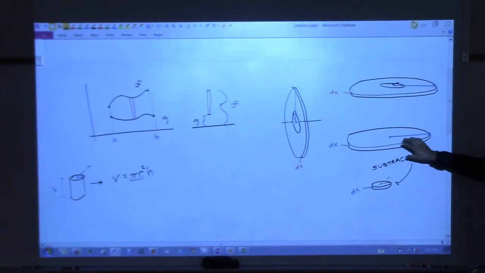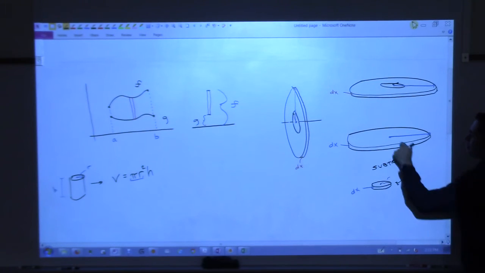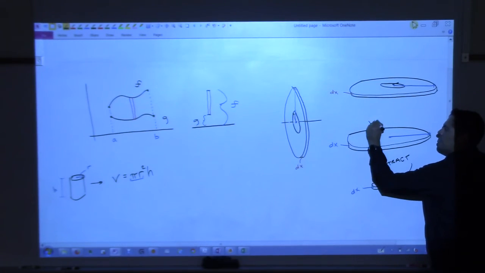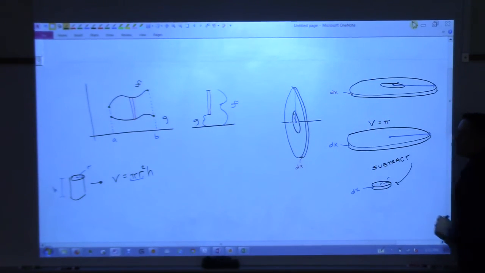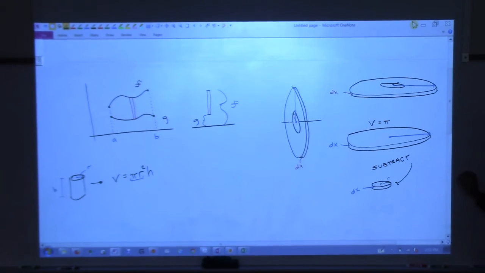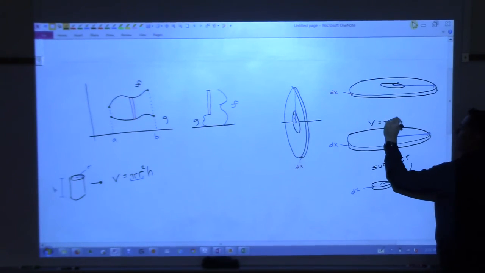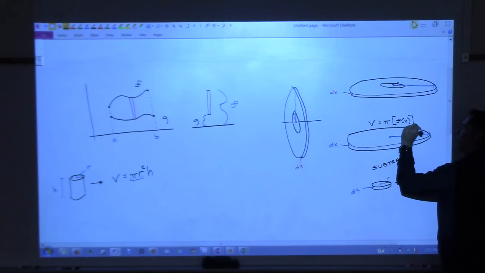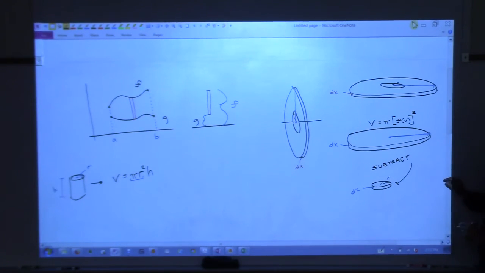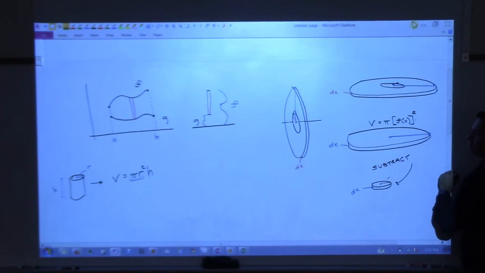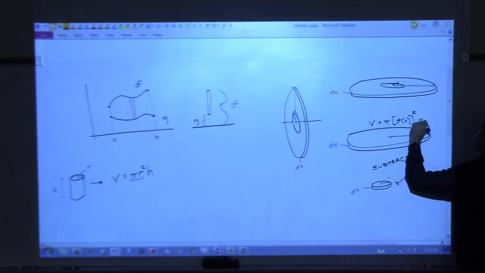So tell me what the volume of this disk is. According to the formula over there, the volume of this disk is pi times its radius, which is the f function. I'm going to put it in brackets. f of x, radius squared, times the height, dx.